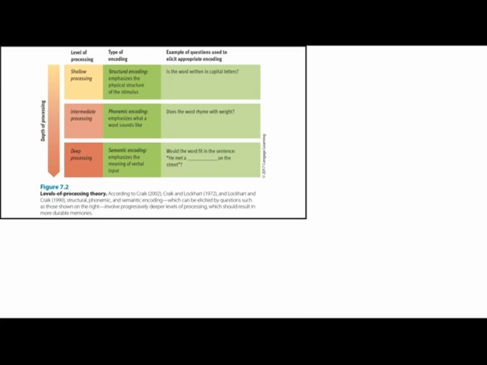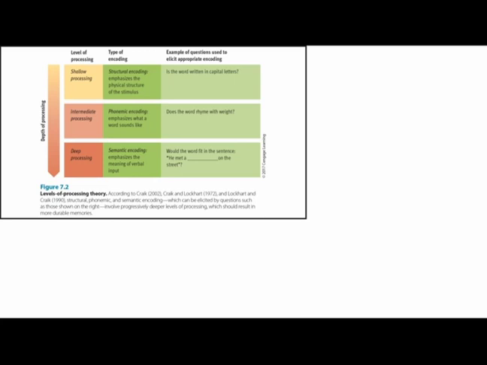So they'll give you a list of 10 words or 100 words, and they'll see how you perform on recall tasks based on different factors. So if we vary our level of processing, so if you're given that list and you're asked to consider the words on that list with different kinds of questions, we can see that your performance can be enhanced or not, depending on what we're asking you to do.